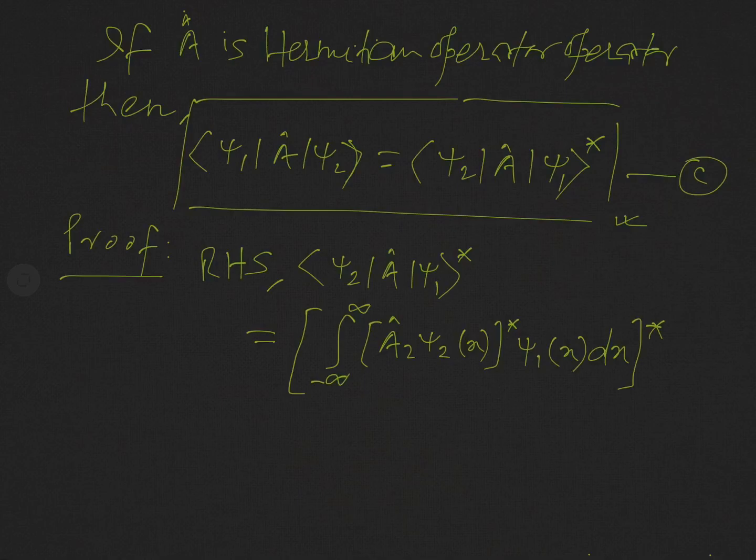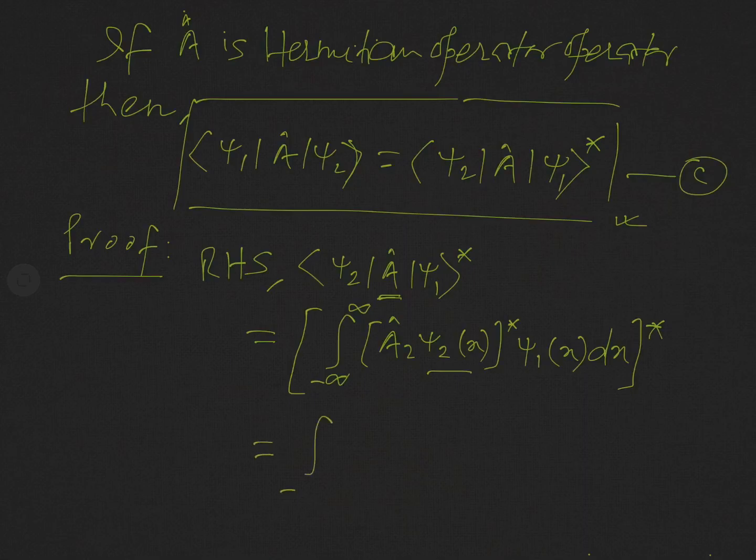Here, as I have told above, that if this operator A is Hermitian, then we can associate A with psi 1 or psi 2. Here, I have associated this operator A with the function psi 2 of x.